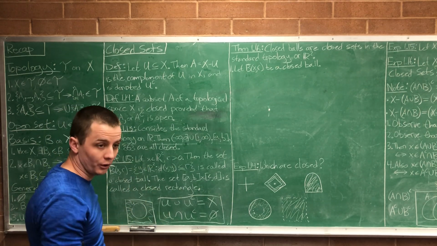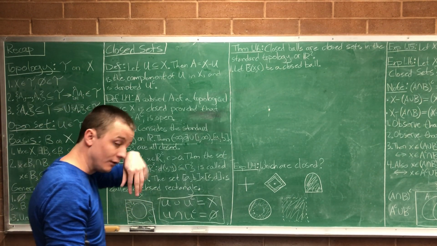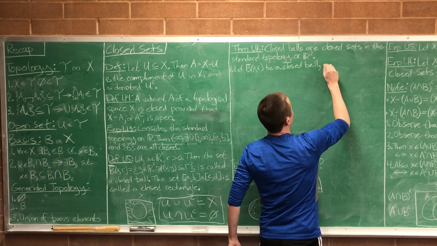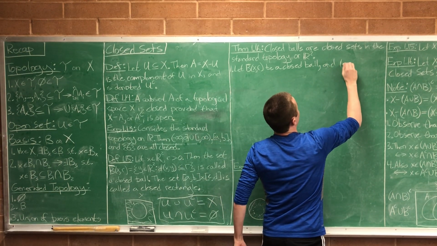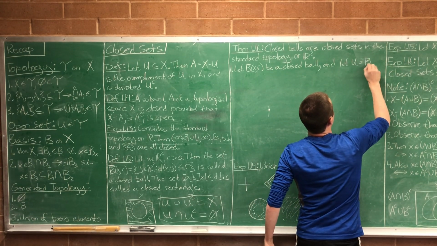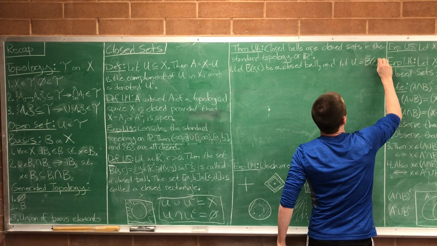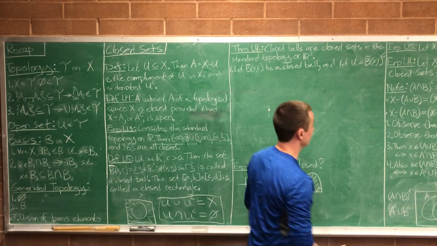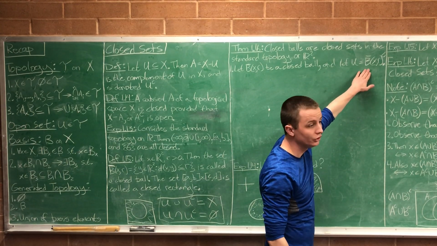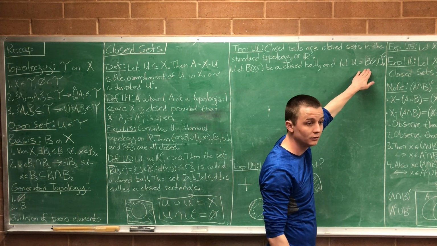What does it mean to be closed? Its complement is open. So let's name its complement real quick. Let this be a closed ball, and let U equal its complement. So I need to show that its complement, U, is open.